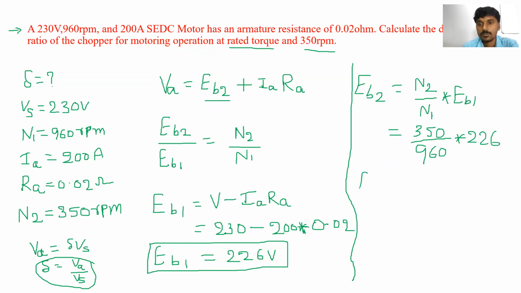So what is the value of this EB2? 350 divided by 960 into 226 is 82.39. Exactly right answer. Because it is operating at 350 RPM, the back EMF will be low and the voltage will be low. At 230 volts the motor rotates at maximum speed.